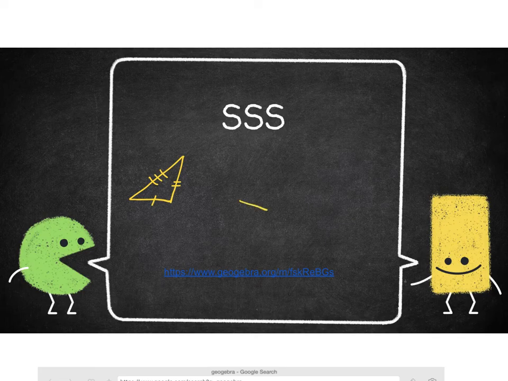And the only way to make a triangle using those 3 sides is an identical triangle to the first one. What this means is that side, side, side is a valid shortcut to show 2 triangles are congruent.